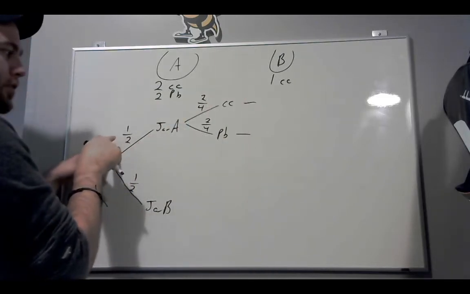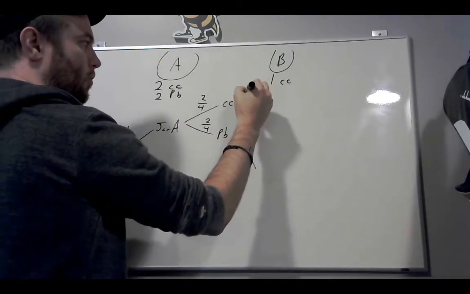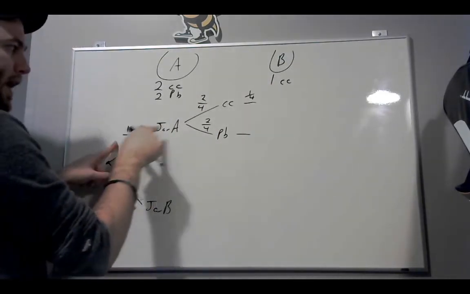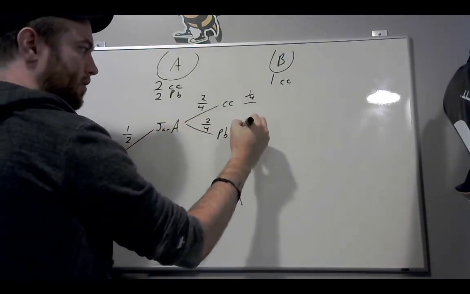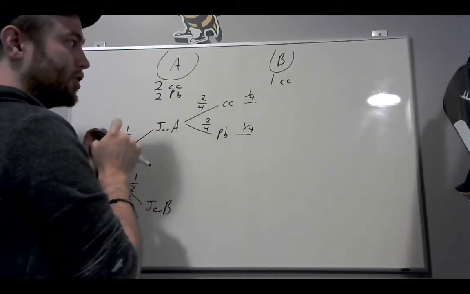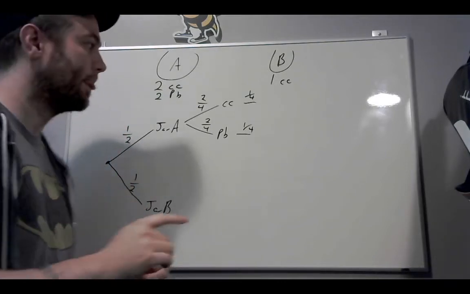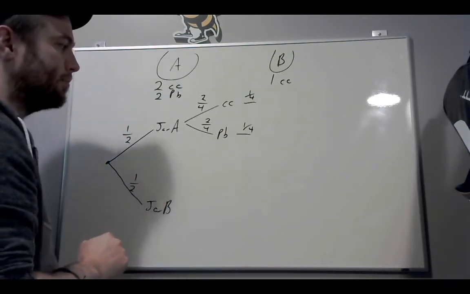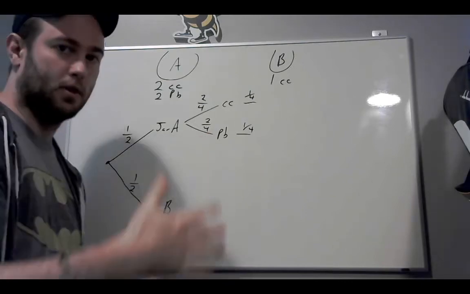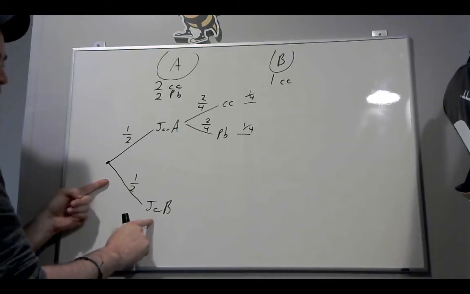All I have to do is multiply this 1/2 times this 1/2 to get 1/4, and this 1/2 times this 1/2 to also give me 1/4. So the probability of picking a chocolate chip from jar A is a 1/4 chance, and the same goes for picking peanut butter from jar A, also 1/4.